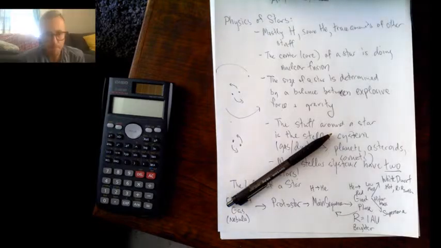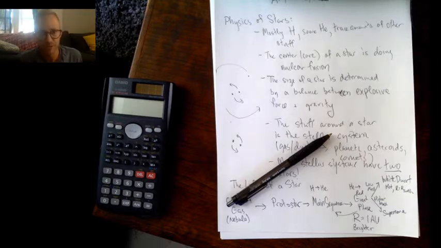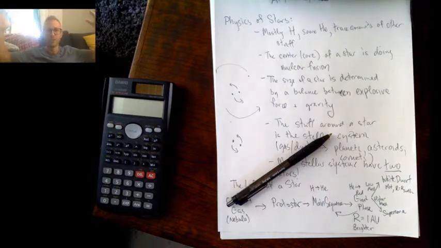So, in a matter of seconds, really rapidly, all of the gravitational potential energy of the star is released.